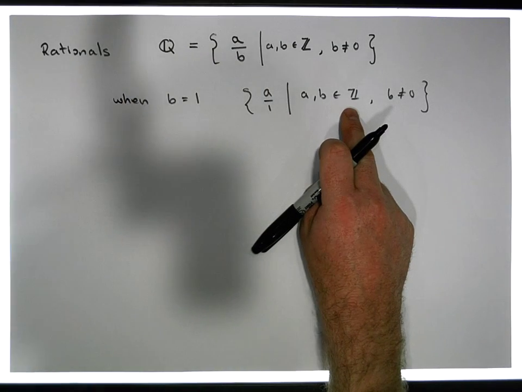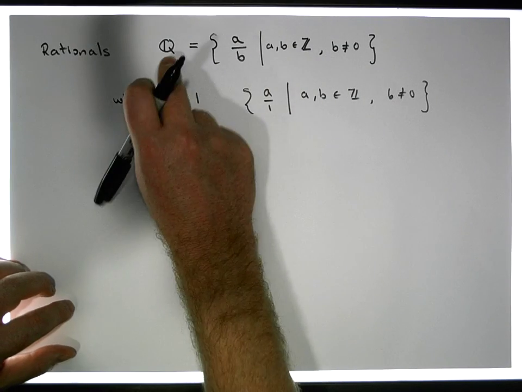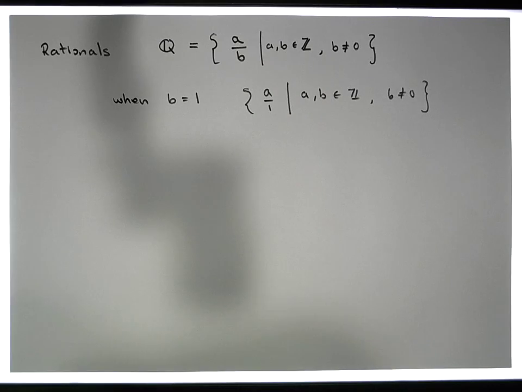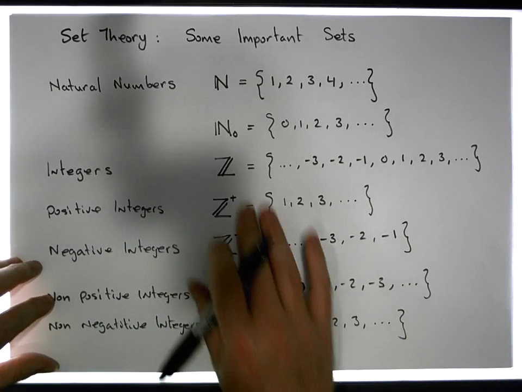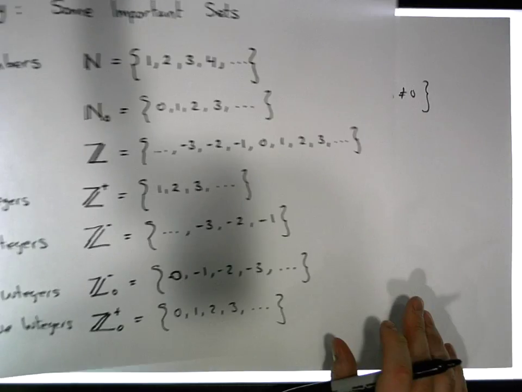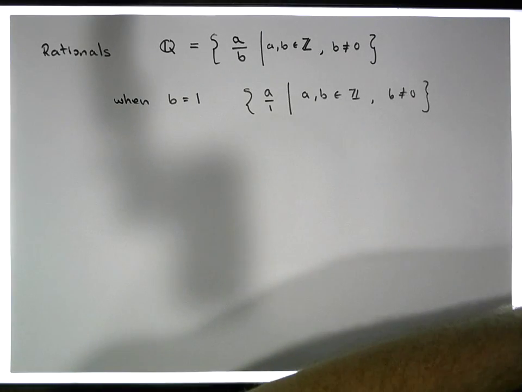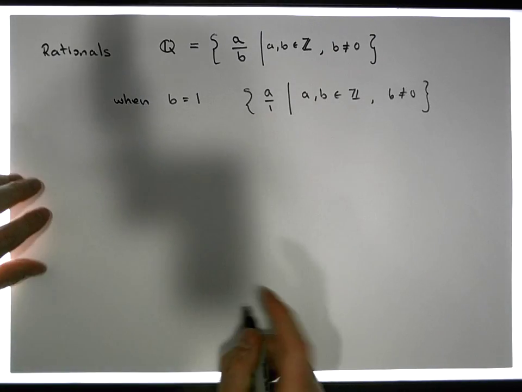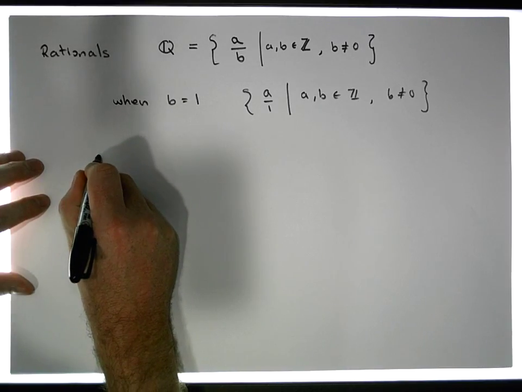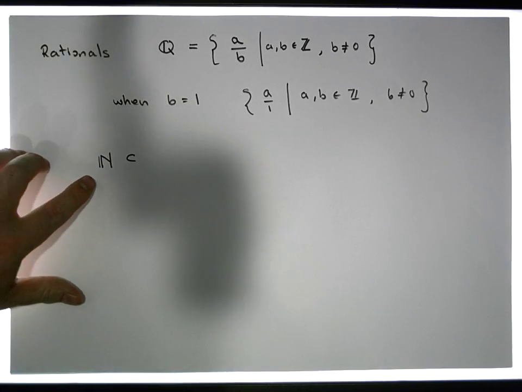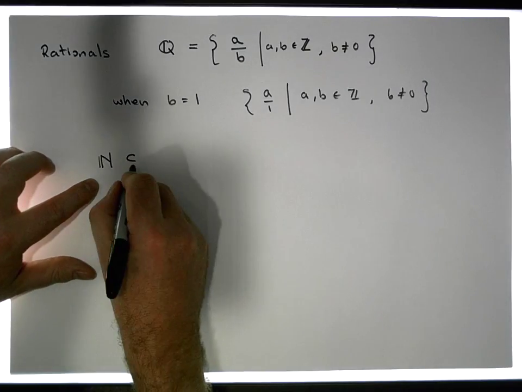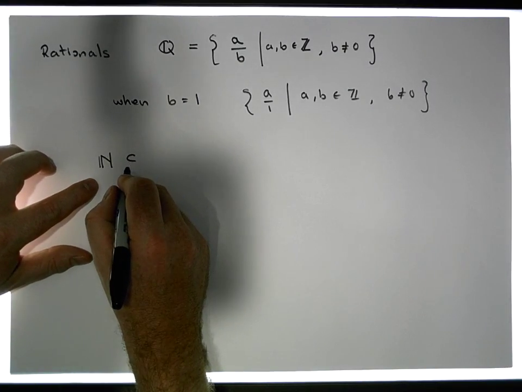So actually what we can see now is that the integers are contained within the rationals. More importantly, from a subset perspective, we can see a chain of relationships. Hopefully we can see that the natural numbers, symbolized by N, is a subset, okay? Is it a proper subset?